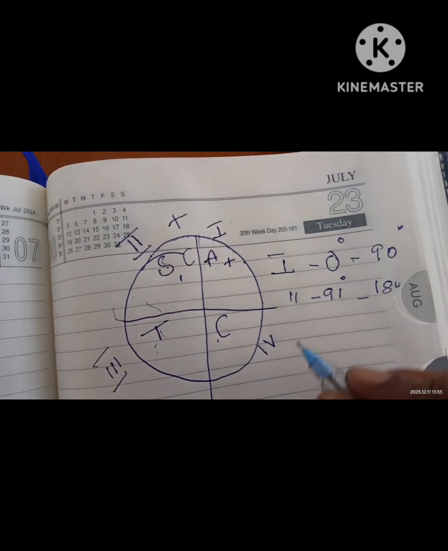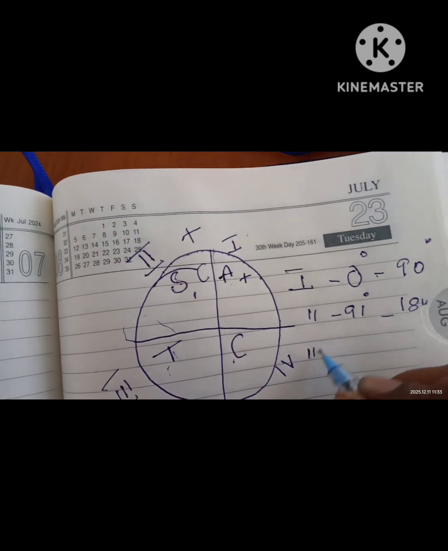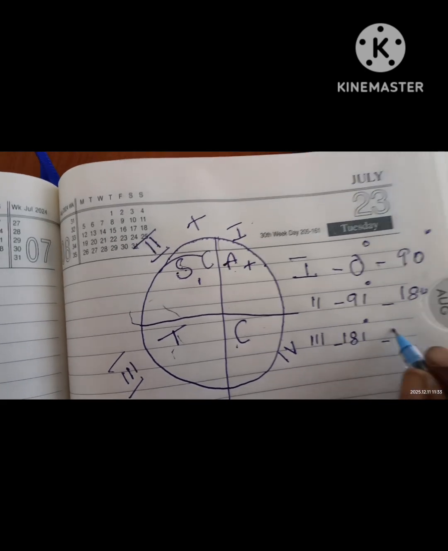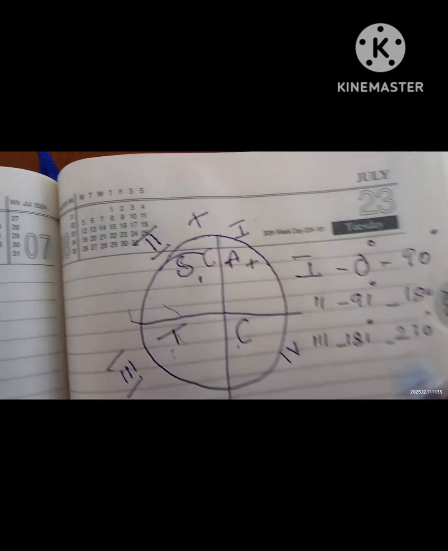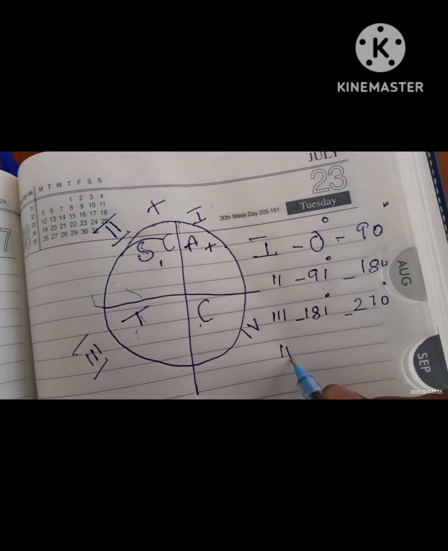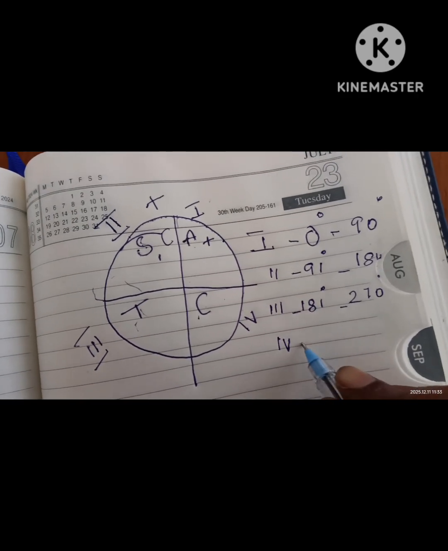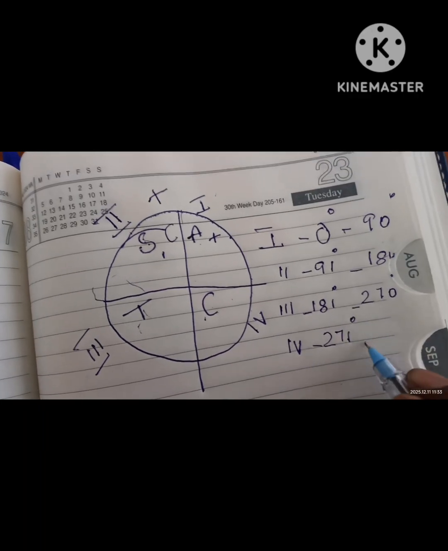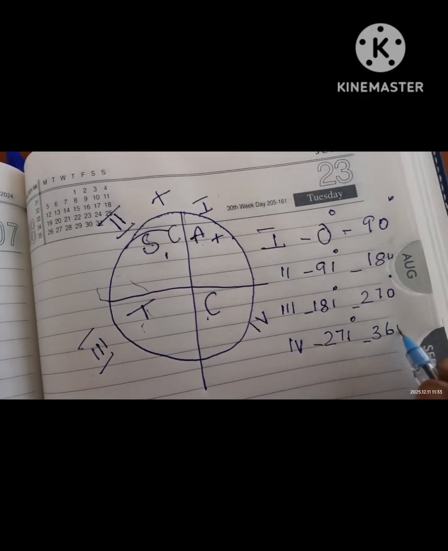Then in the third quadrant, the angle is from 181 degree to 270 degree. And in the fourth quadrant, the angle is from 271 degree to 360 degree.